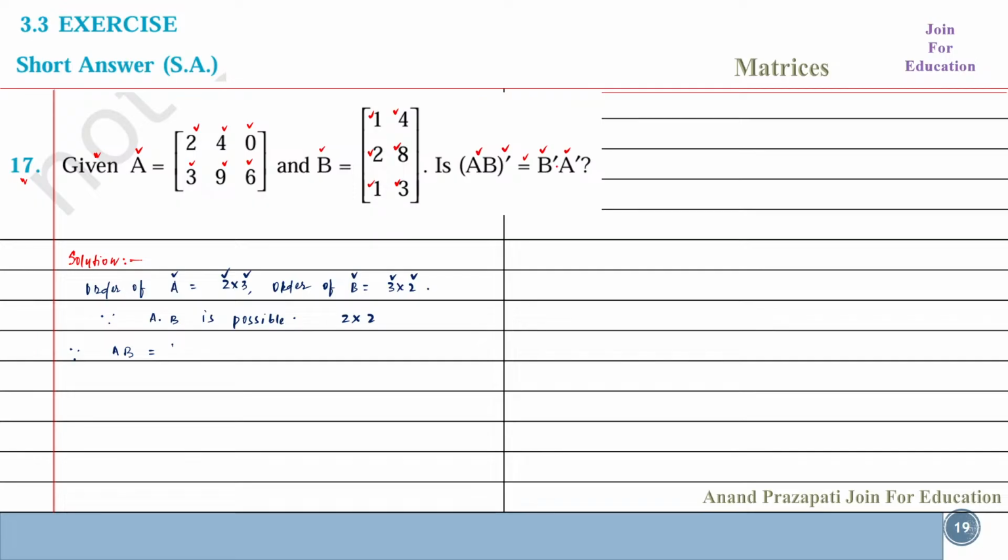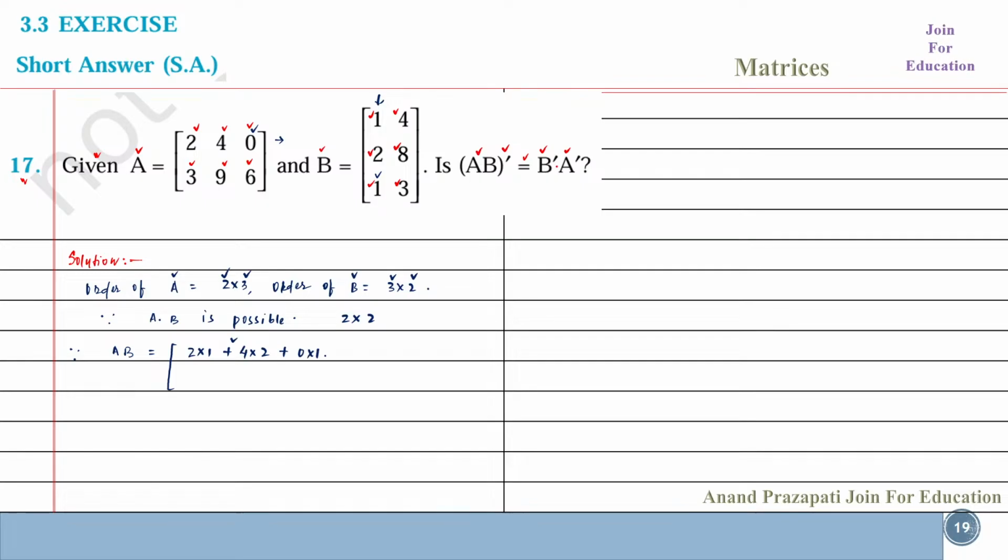So let's see here. Move along the first row, move along the second row, and multiply the corresponding elements. The first element of the first row is multiplied by the first element of the first column and so on. So we write down here 2 into 1 plus 4 into 2 plus 0 into 1.